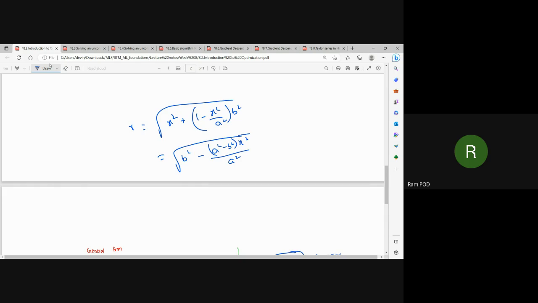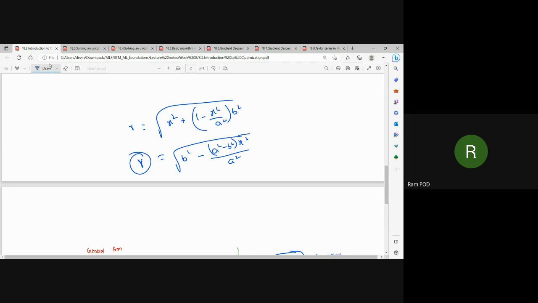So our overall point is that this is going to be r. Now our overall aim is to maximize this r, correct? You want to maximize this r.